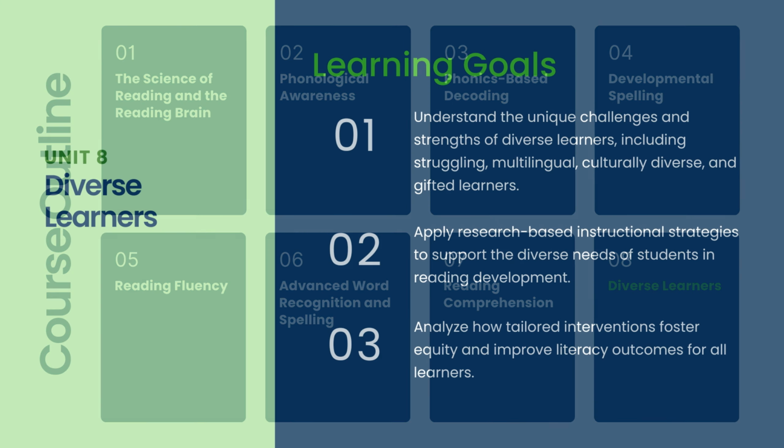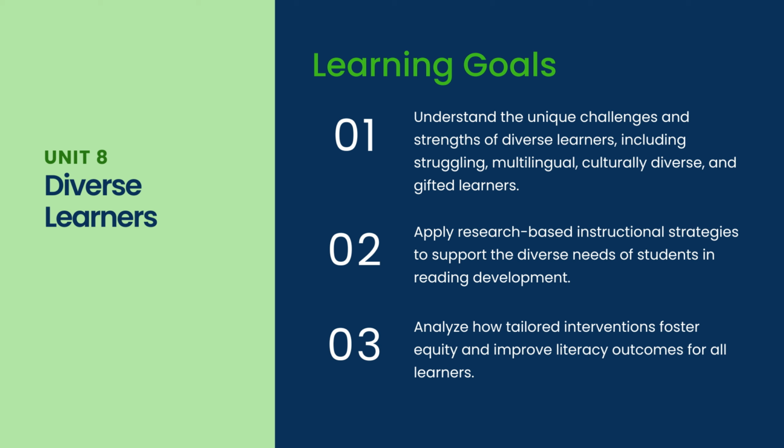By the end of this training, you'll be able to understand the unique challenges and strengths of diverse learners, including struggling, multilingual, culturally diverse, and gifted learners. Apply research-based instructional strategies to support the diverse needs of students in reading development, and be able to analyze how tailored interventions foster equity and improve literacy outcomes for all learners. Let's get started.